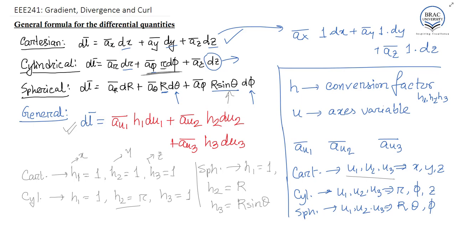This expression is important because later, when we take a look at the gradient, divergence, and curl, these notations will come in handy, because we'll see in a while that the formula of gradient, divergence, and curl varies from system to system. So we'll denote the general formula with general notations like this.